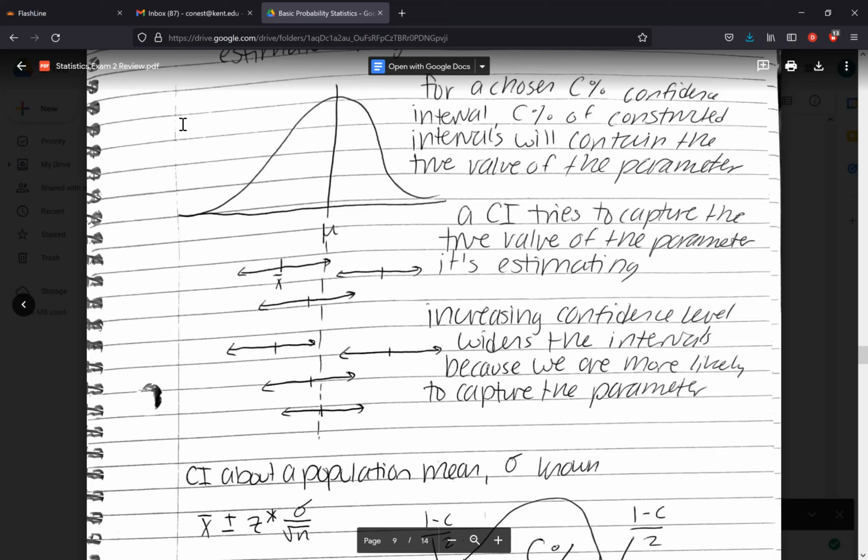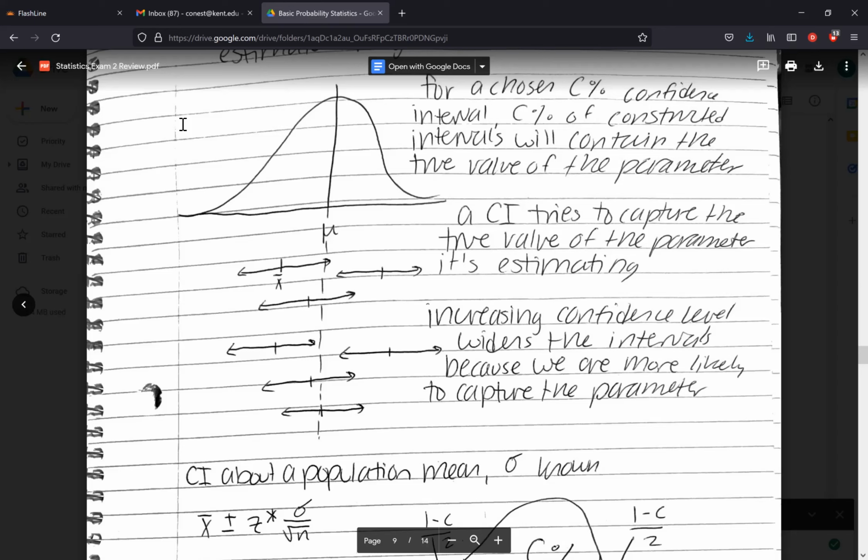some of the confidence intervals I drew, if you draw a dotted line down from mu all the way through the confidence intervals, you'll see that the dotted line hits some of the confidence intervals and misses others, which means that they either contain the true value of mu, or they do not contain the true value of mu.